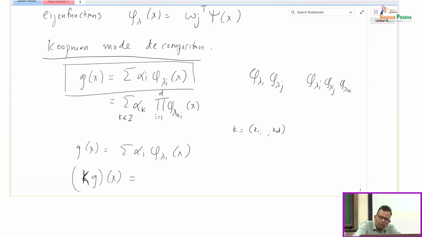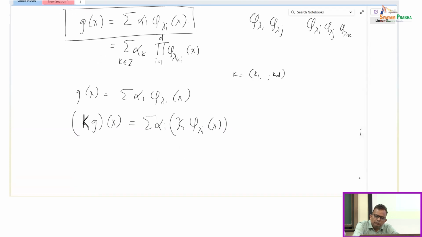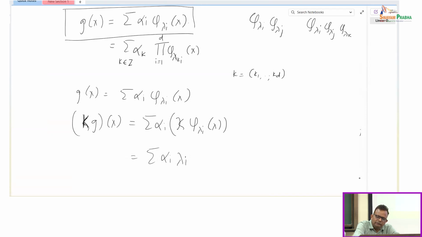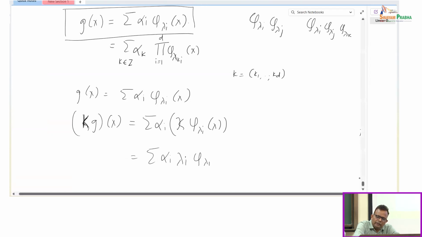So that will be alpha_i kappa phi lambda_i of x. This is the forward propagation of the function G. Now, because these phi lambda_i are eigenfunctions, this simply becomes alpha_i lambda_i phi lambda_i of x, right?